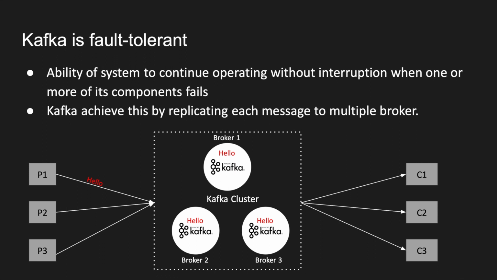So the replication factor tells on how many brokers that message should be replicated. Now suppose if the broker 1 fails because of some reason, still the message will be available with broker 2 and broker 3. So no data loss. And if the broker 3 also fails, then the message will still be available with the broker 2.